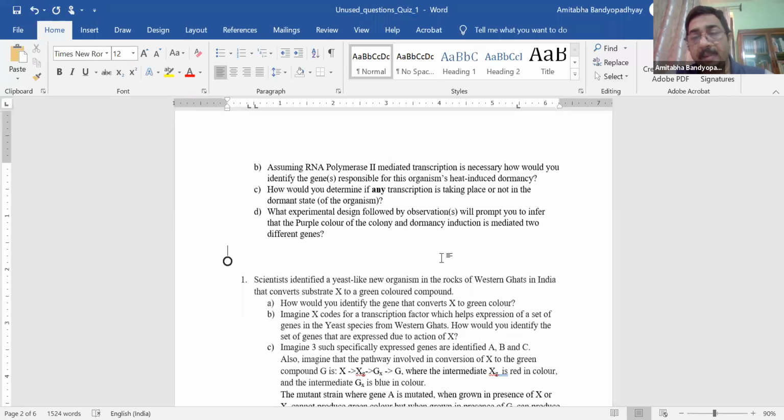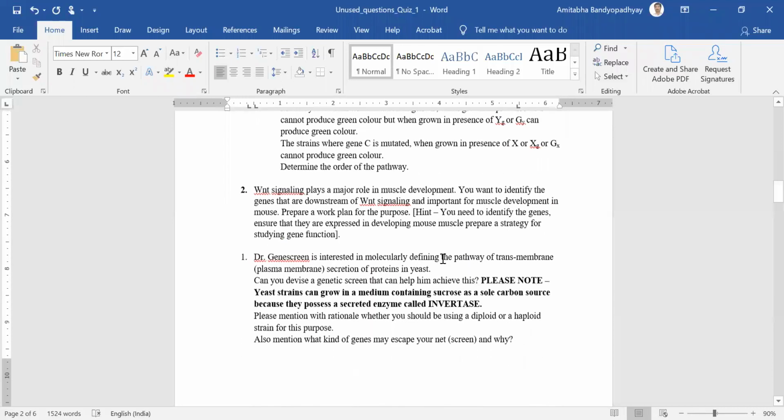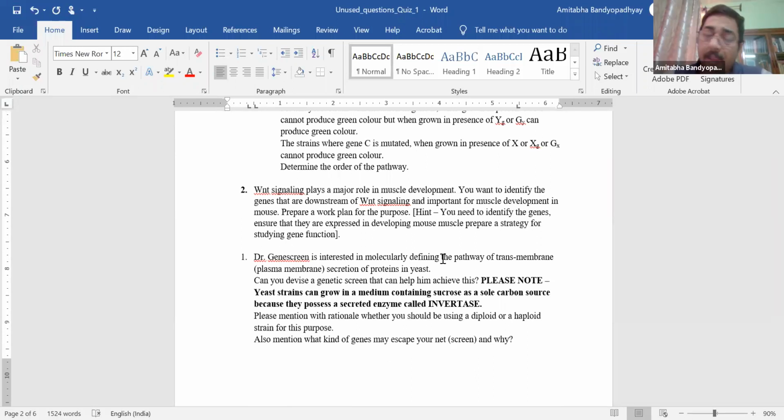Okay. Fine. Yes, sir. So can you please define the time factor that you were talking about in dormant state formation? Okay, so you are giving a heat shock and followed by that a dormancy is being established, right? So you are assuming that some transcriptional regulation is in play, right? Yes.